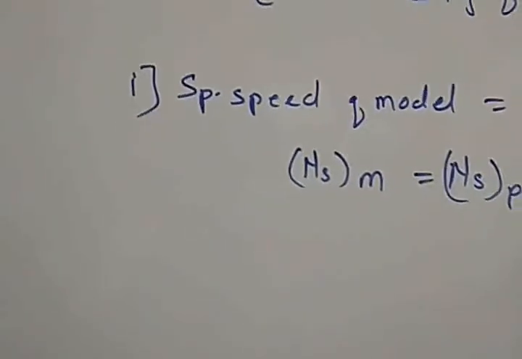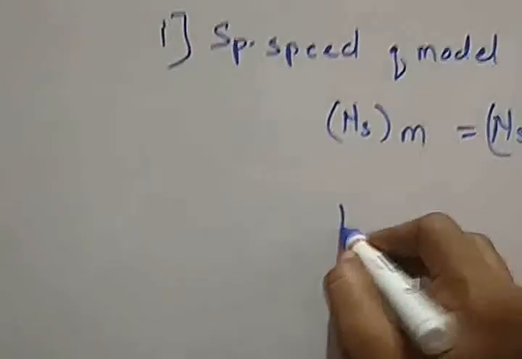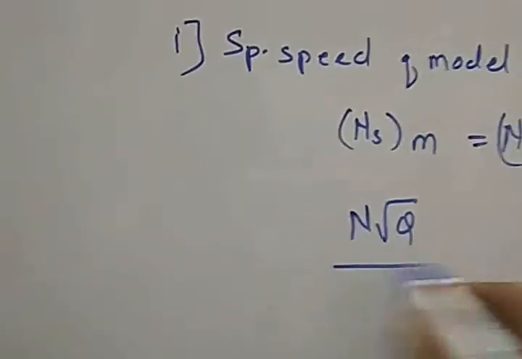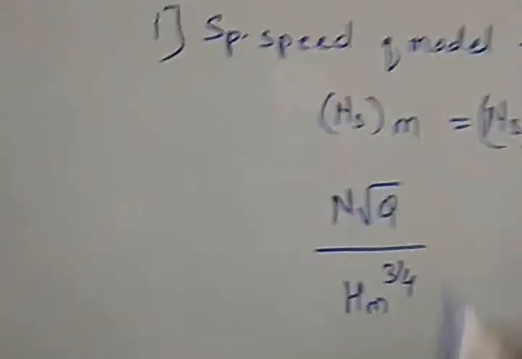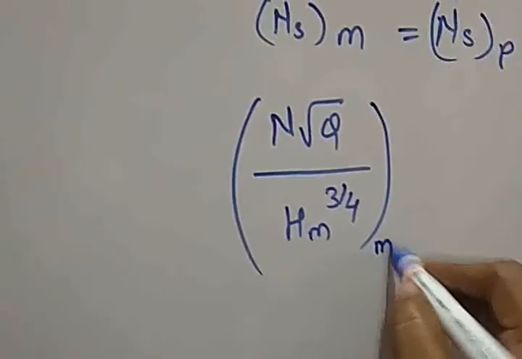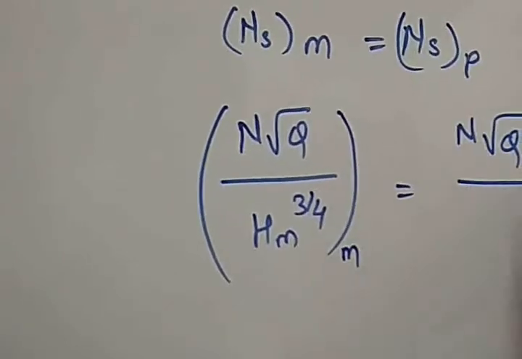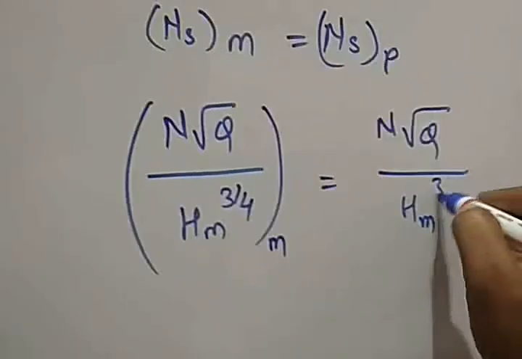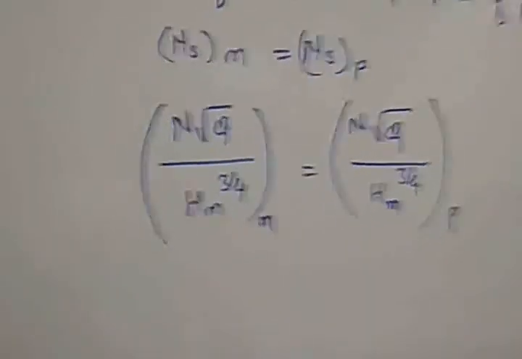Suffix m is for model, suffix p is for the prototype. We know the expression, n root q divided by hm raised to 3 by 4, for the model is equal to n root q by hm raised to 3 by 4 for prototype.